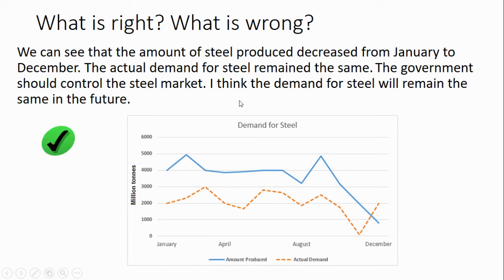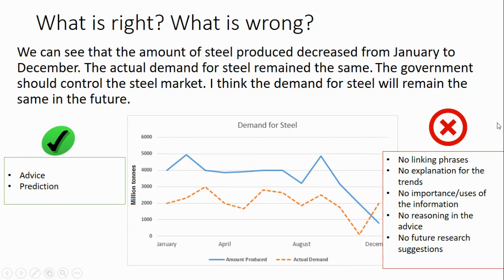Let's start with something good. The good thing is the person who has written that mentioned advice and gave some prediction, right? So advice: the government should control the steel market, and then some prediction, blah, blah, blah, will remain the same in the future. Fine, but there are a lot of things actually missing here. And if you write something like that in the midterm exam, it will not be good.